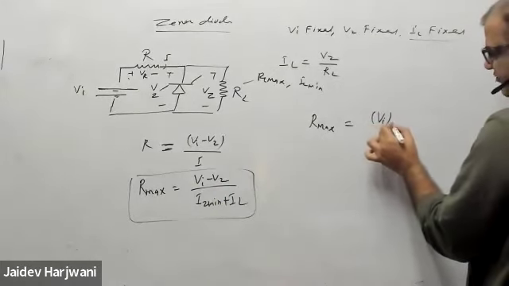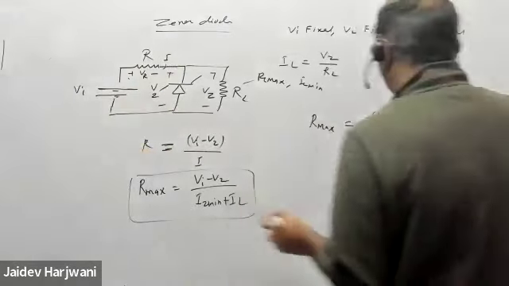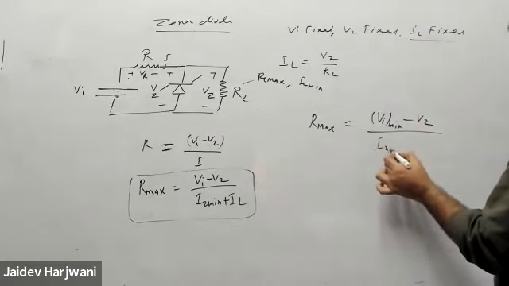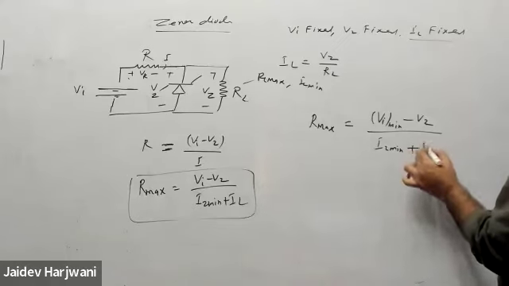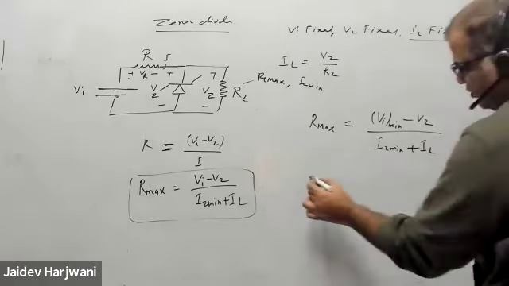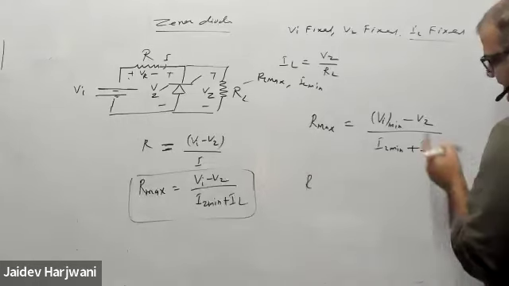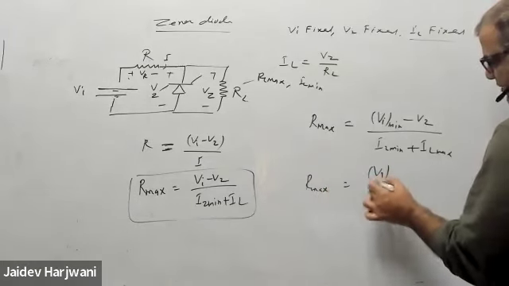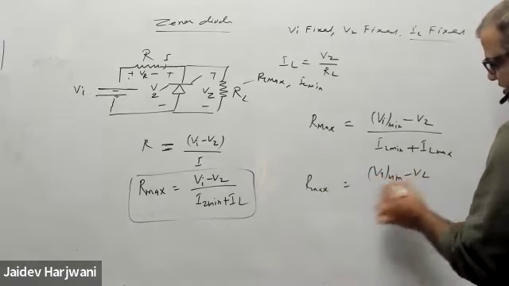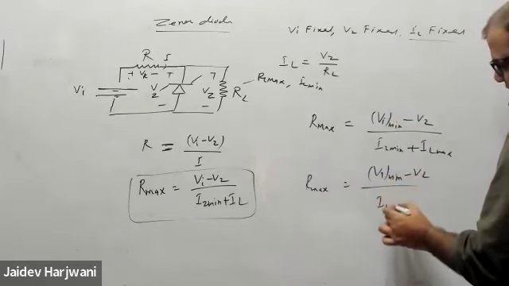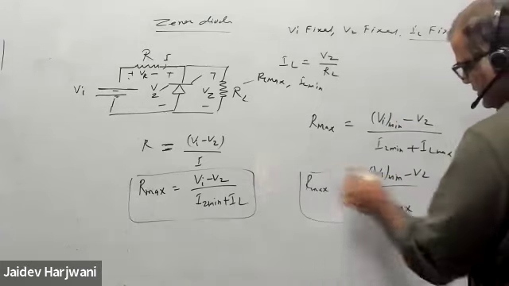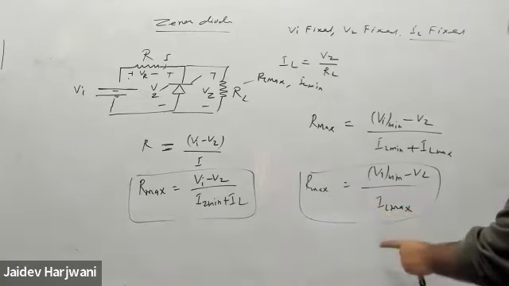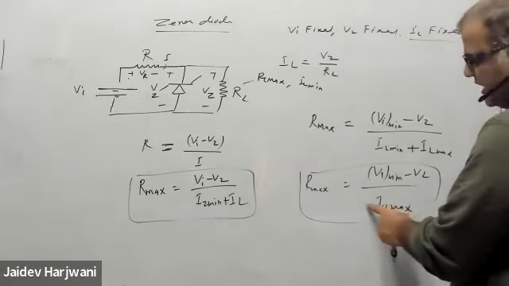Here, Vi minimum: R max equals (Vi minimum minus Vz) divided by (IZ minimum plus IL), whatever IL is given. If you don't know IZ minimum, you can simply take IL max in the formula.